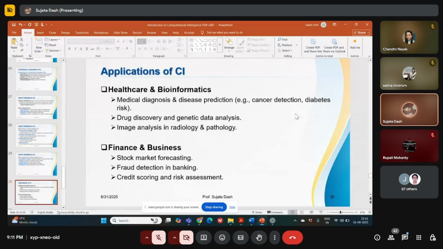Then the next application area is finance and business. The financial world thrives on predictions and risk management, and CI offers powerful tools for both areas. First, let me take stock market forecasting. CI algorithms can be used to analyze massive amounts of historical and real-time market data, so that they can uncover the trends in that data and predict future stock movements.